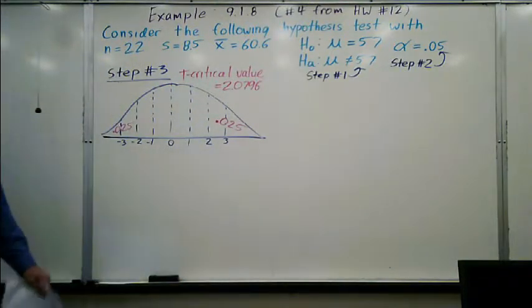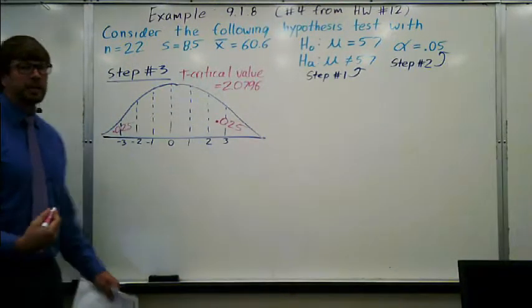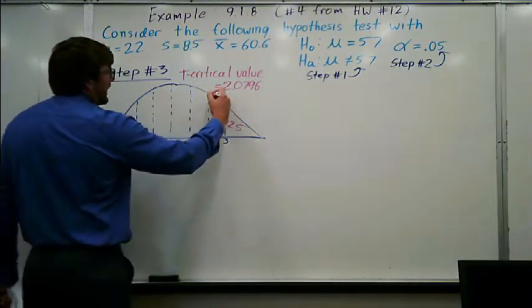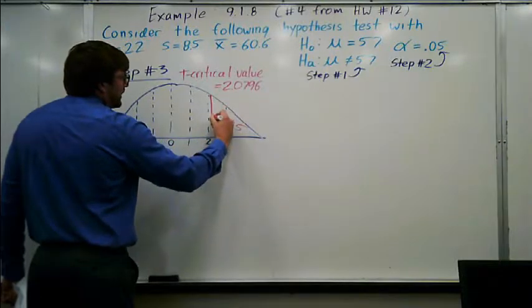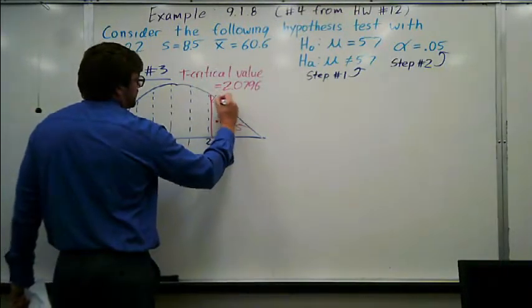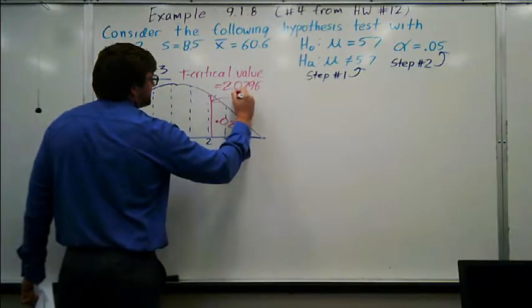Now, of course, since this distribution is symmetric and it's a two-tailed test, you're going to have one critical value at positive 2.0796.